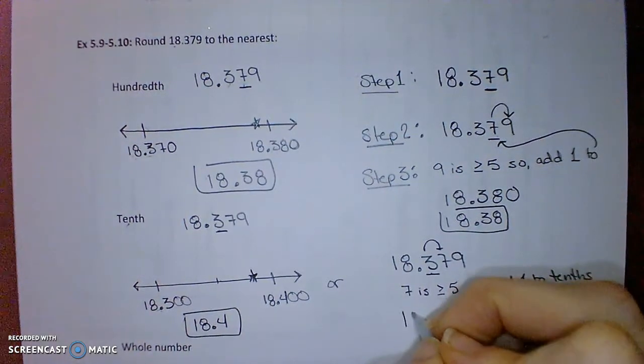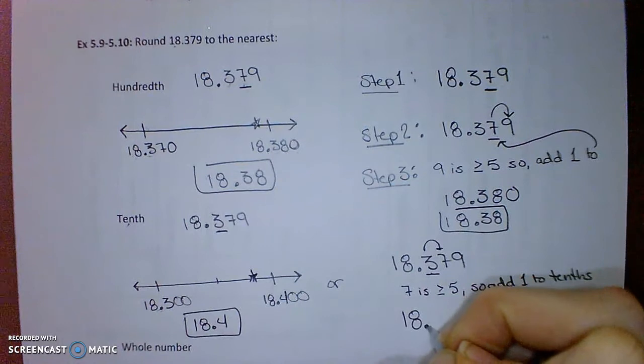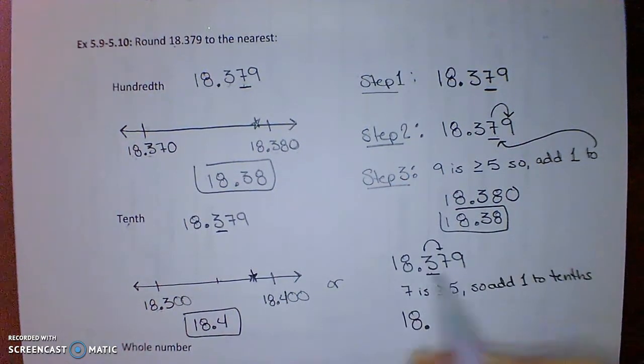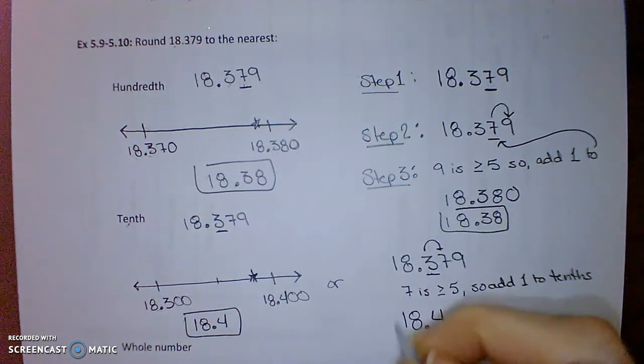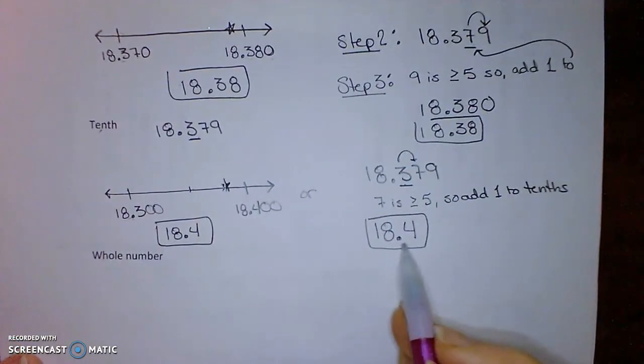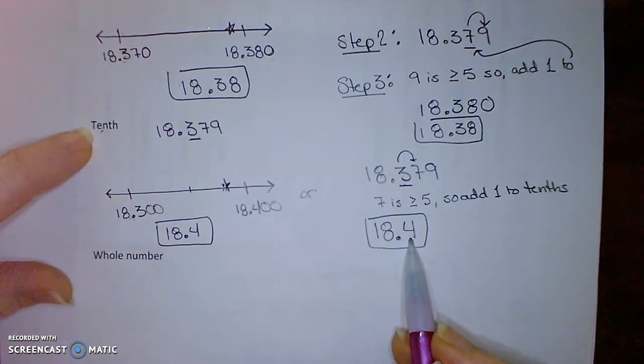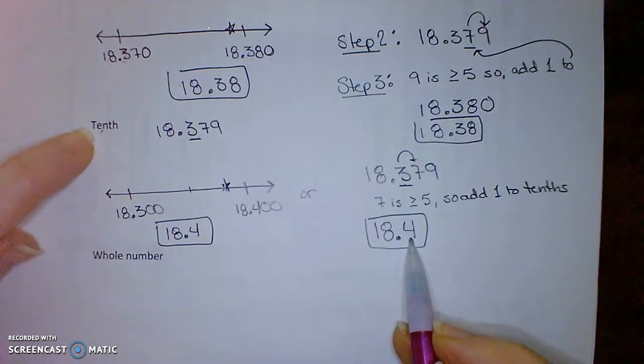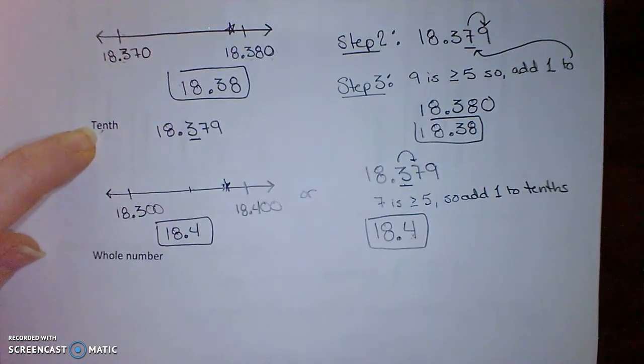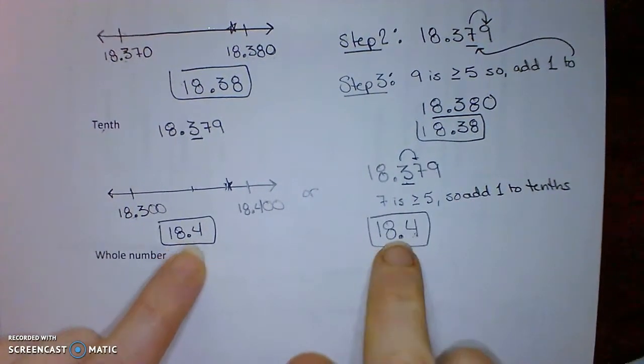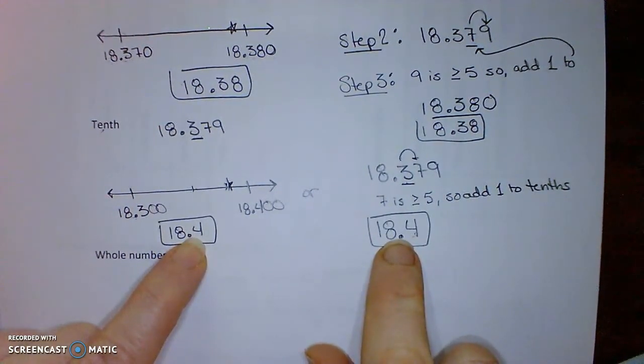So we get that rounds my number to 18.4. And then you can always check, does my number end in the place that I'm rounding to? Yes, it ends in the tenths place. And then also, we get the same answer no matter what method we use.